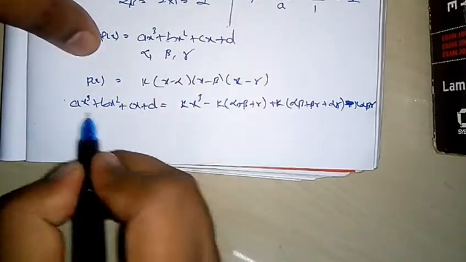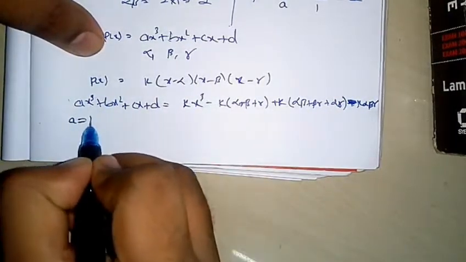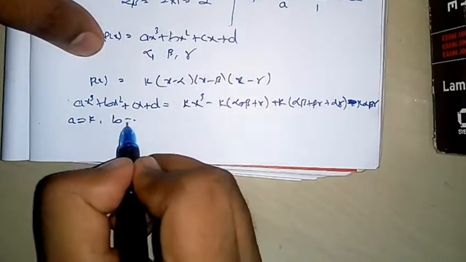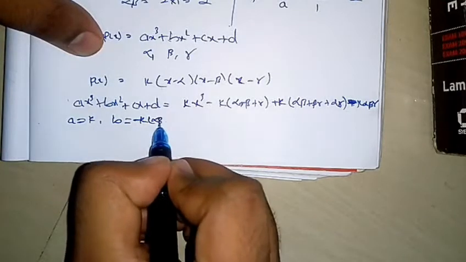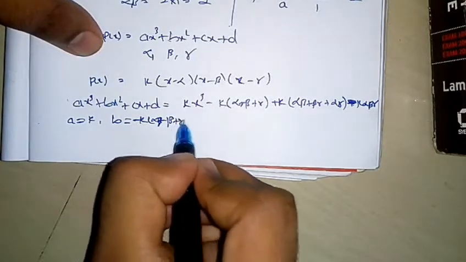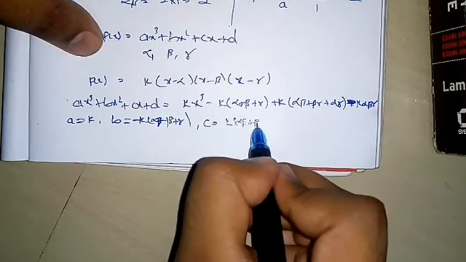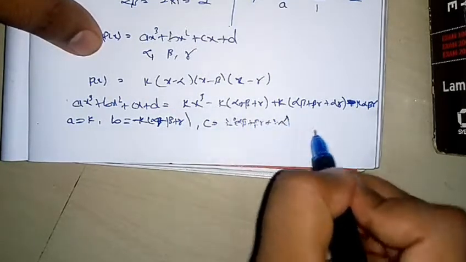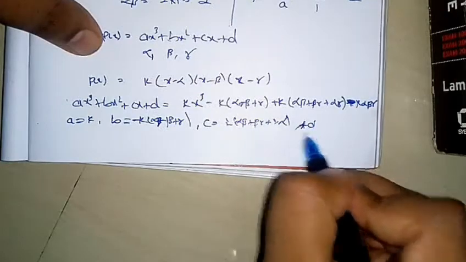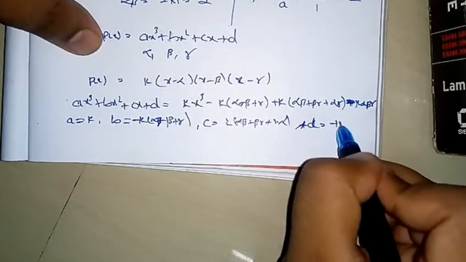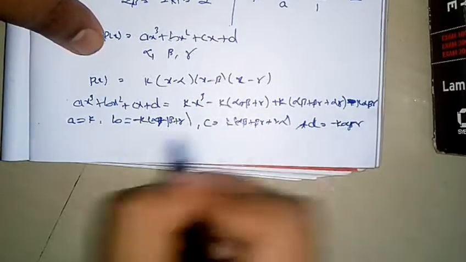So now if you compare coefficients, a is equal to k, b is equal to minus k into (alpha plus beta plus gamma), c is equal to k into (alpha beta plus beta gamma plus gamma alpha), d is equal to minus k into alpha beta gamma.